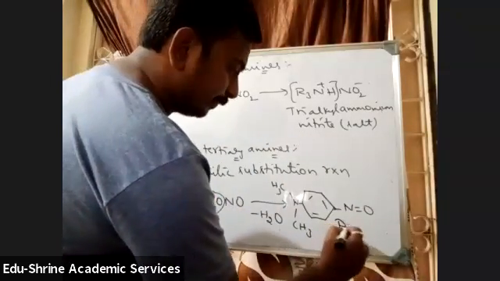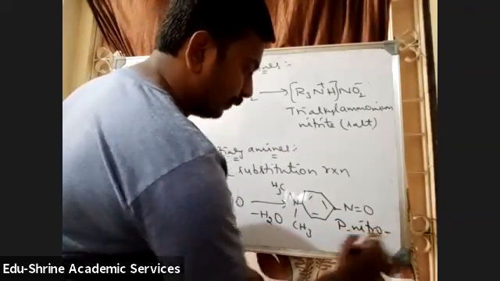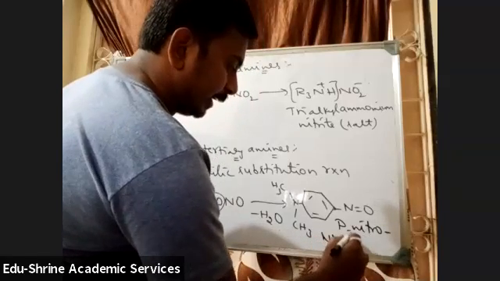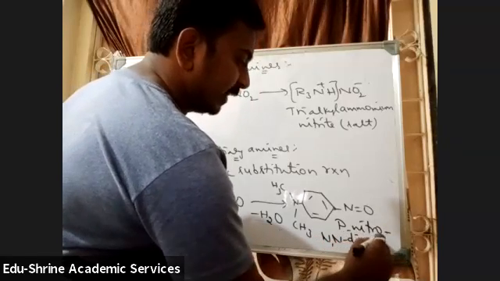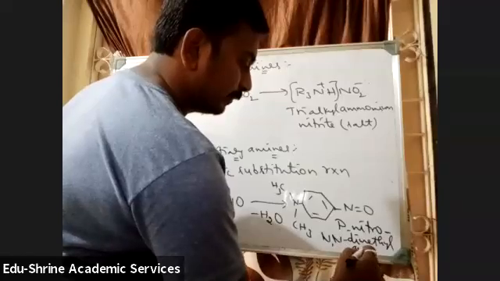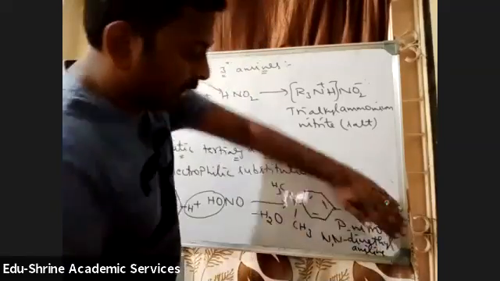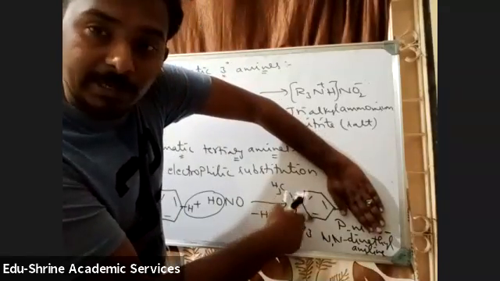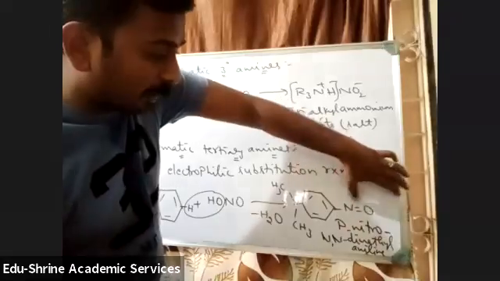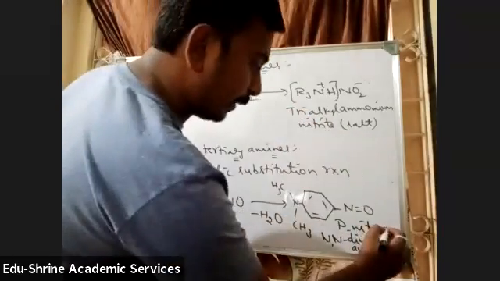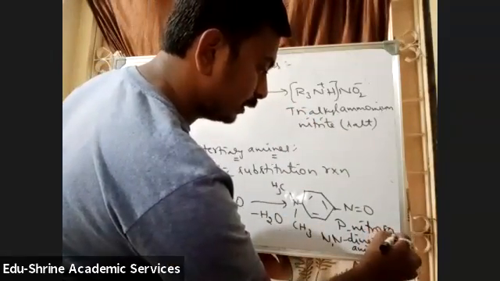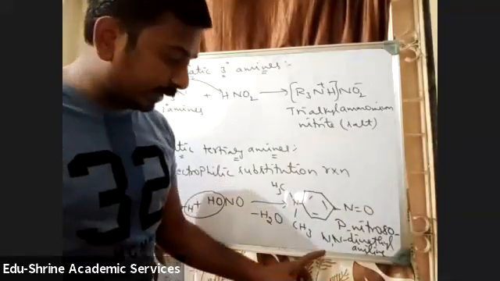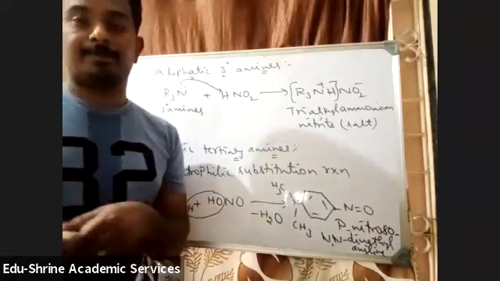The name of this is para-nitroso N,N-dimethyl aniline. We know that it is N,N-dimethyl aniline, and at the para position there is a nitroso group.